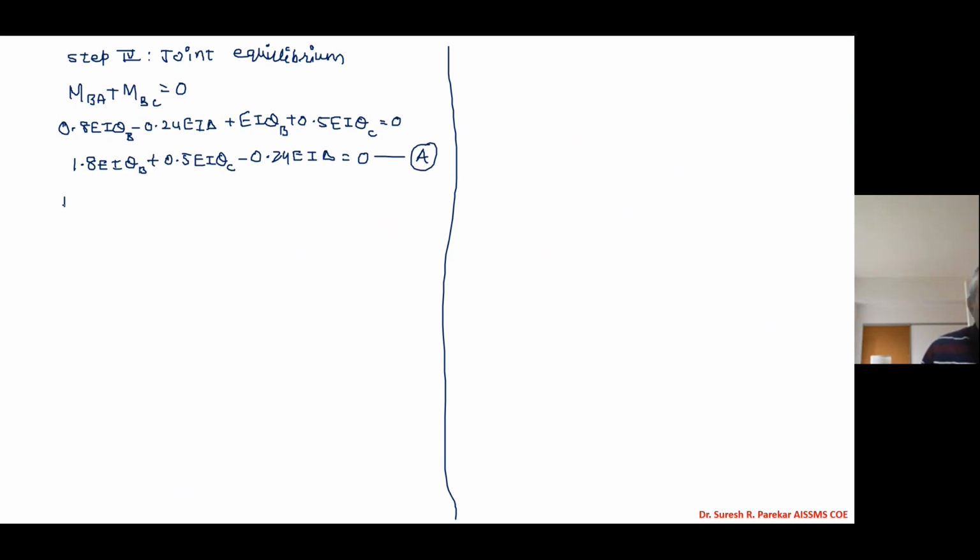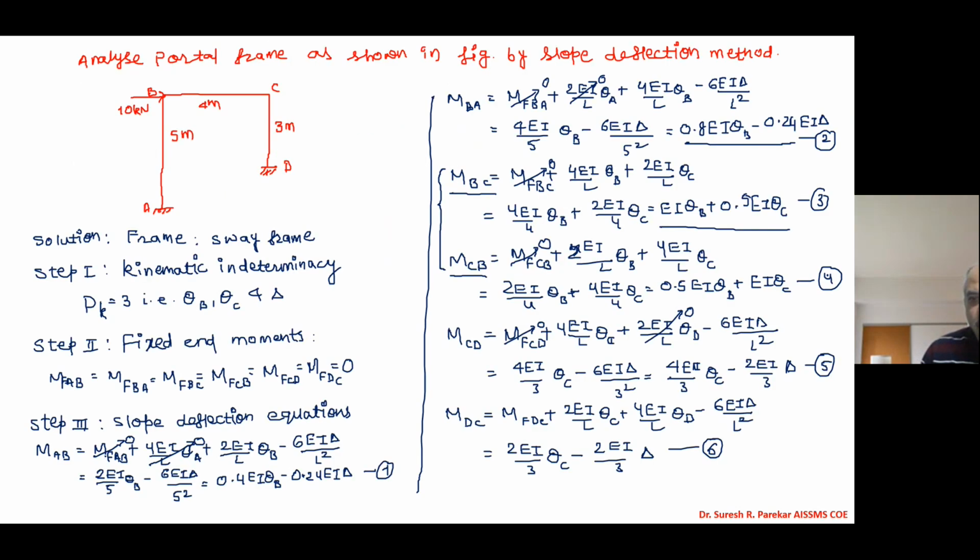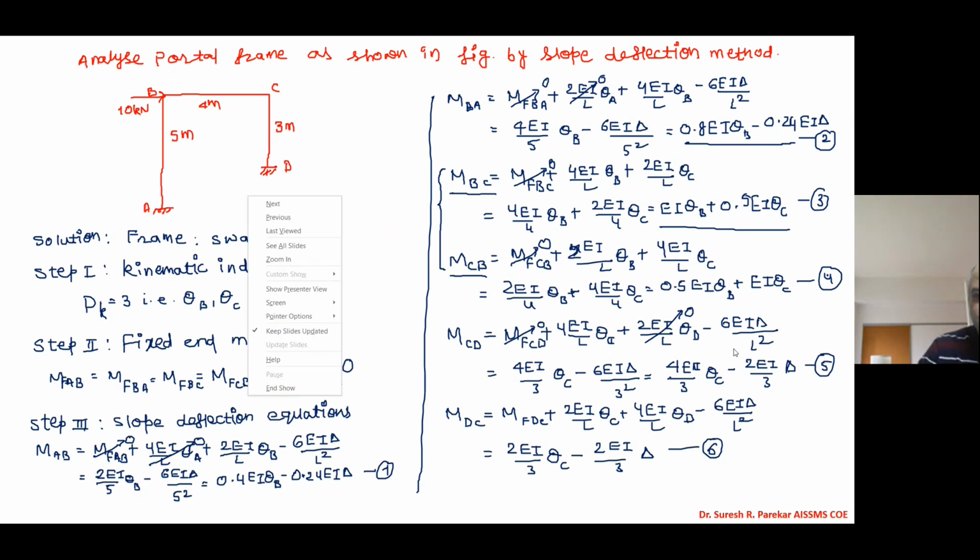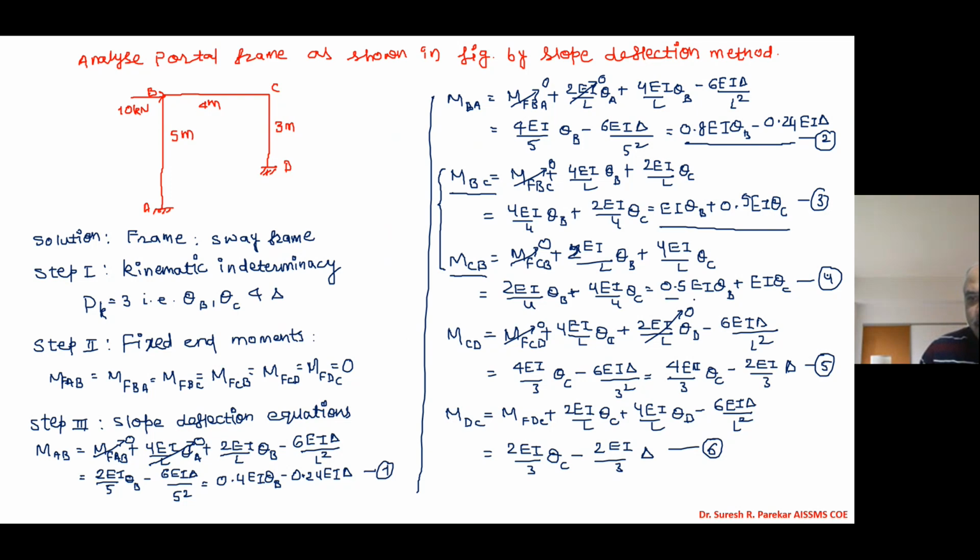Then we have MBA plus MCB plus MCD equal to 0. Now MCB, if we will see, we have the equation 4.45 EI theta B plus EI theta C, and MDC, both we have 2 by 3.